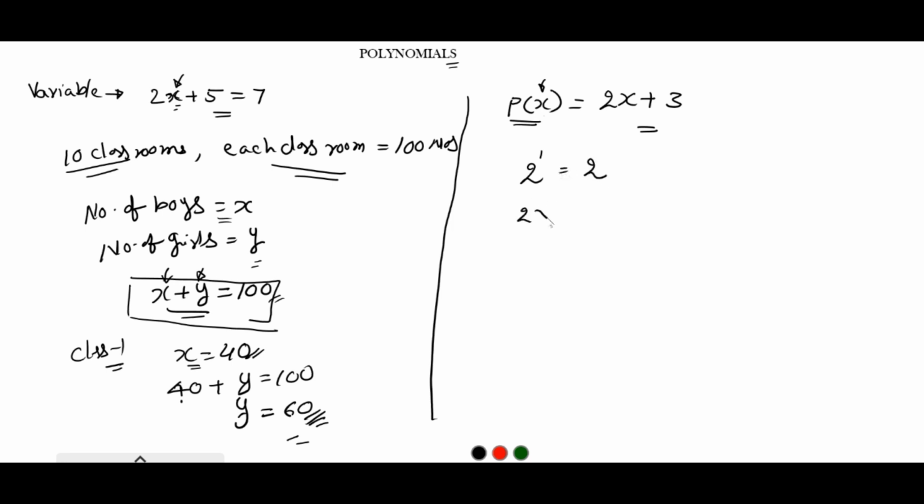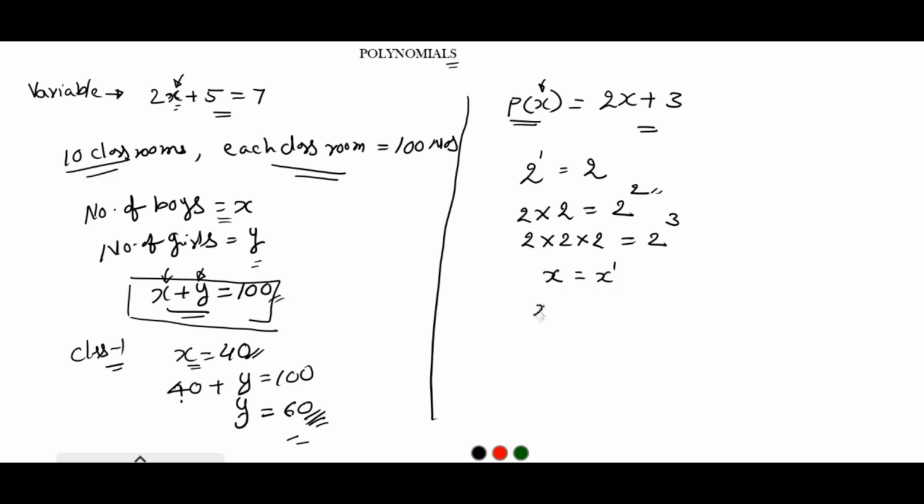If we multiply 2 two times, we write 2 square. In simplicity, the number of times we multiply a number, we write as a power. For example, if we multiply 2 three times, it is denoted as 2 cube. Similarly, x written a single time means x to the power of 1.